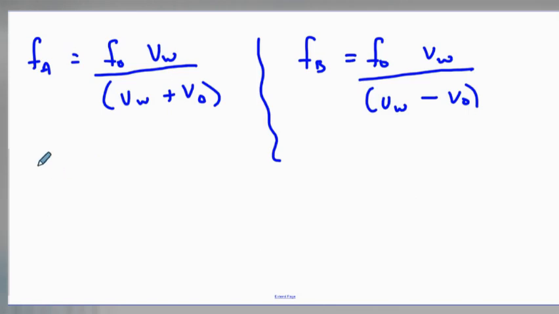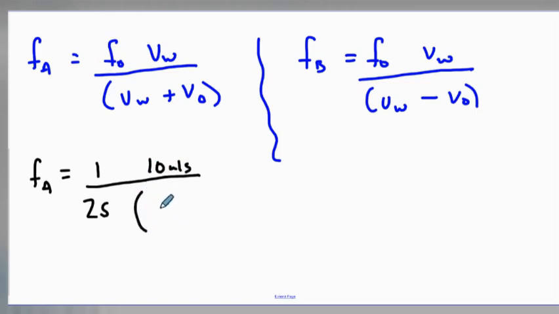So what we have here is the frequency person A is going to observe is 1 over 2. That's one wave every 2 seconds. And the speed of the wave, I think the wave was 10 meters per second. And then down here we have 10 meters per second plus 5 meters per second.